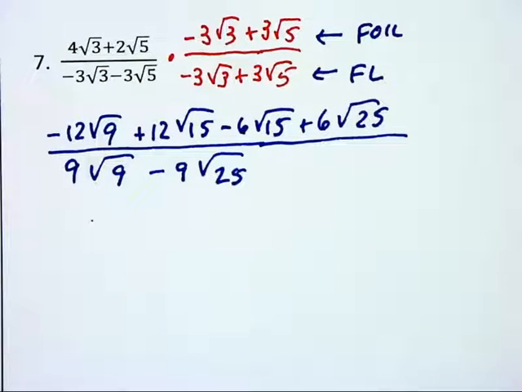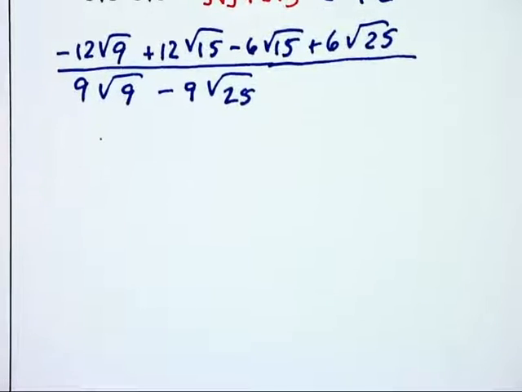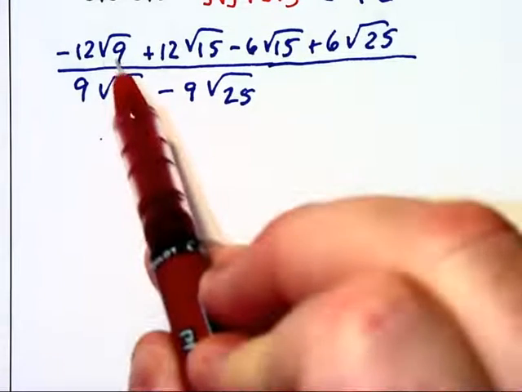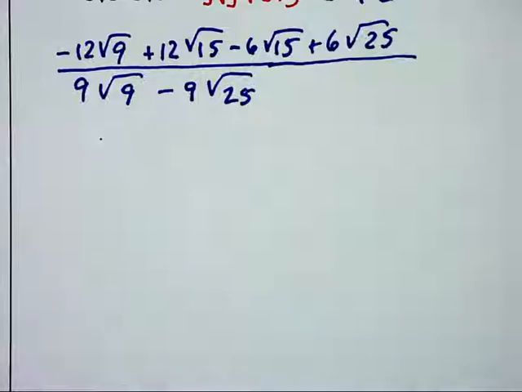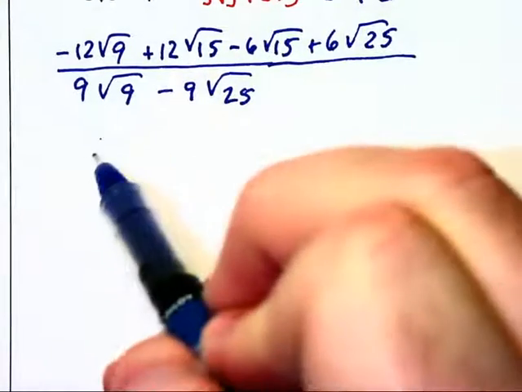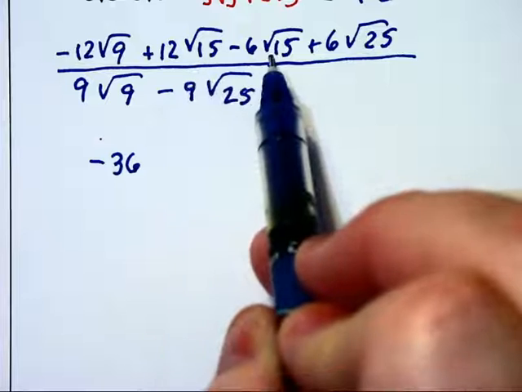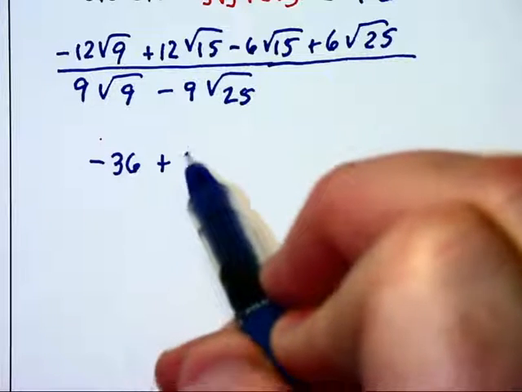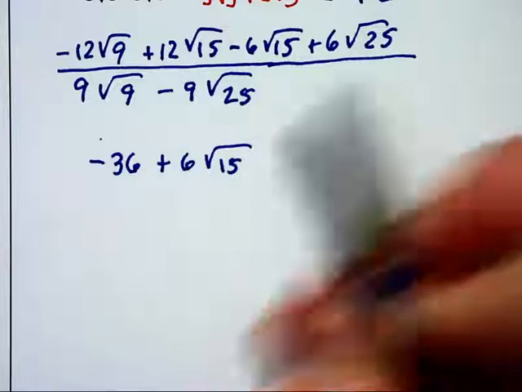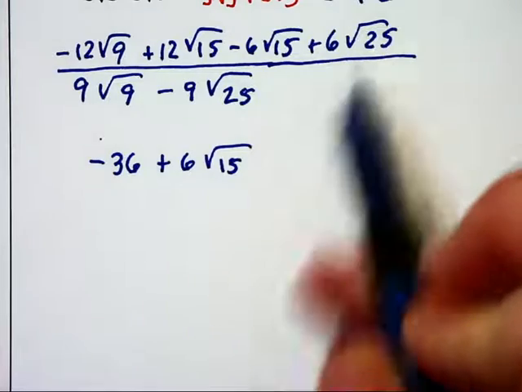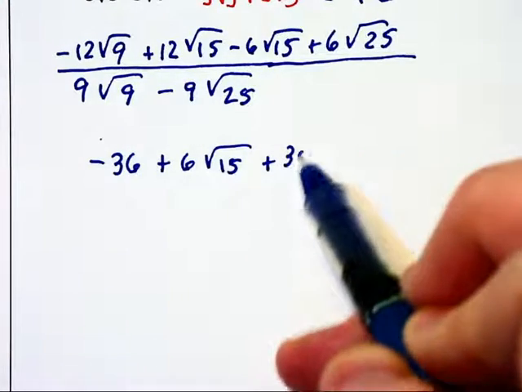Okay, let's simplify in each of these cases here. On the top left, we have the square root of 9, which will become 3, times the negative 12, making negative 36. In the middle terms in the numerator, we can combine like terms and have plus 6 root 15. Then 6 times 5 becomes plus 30.